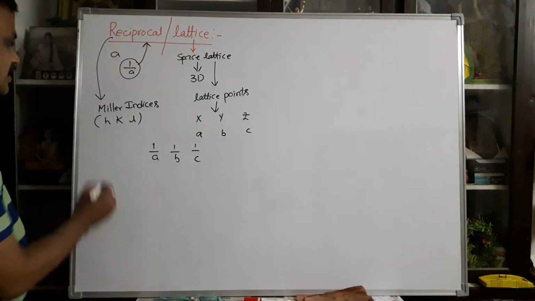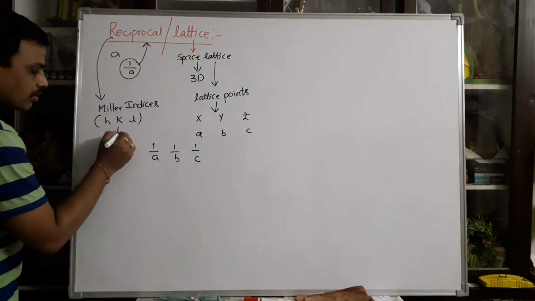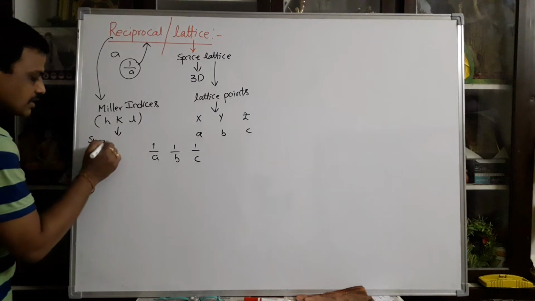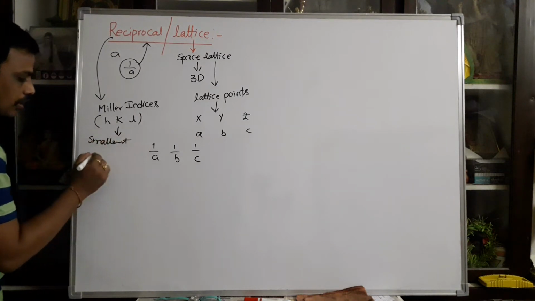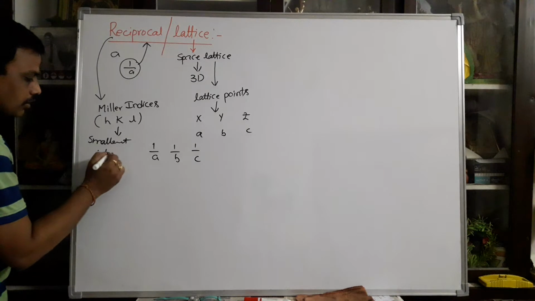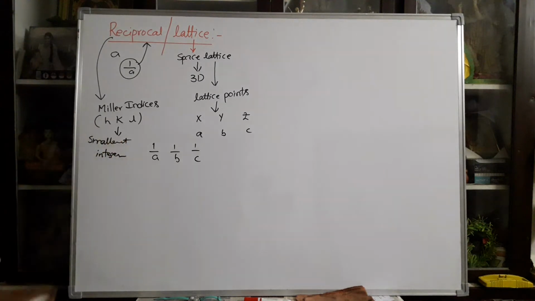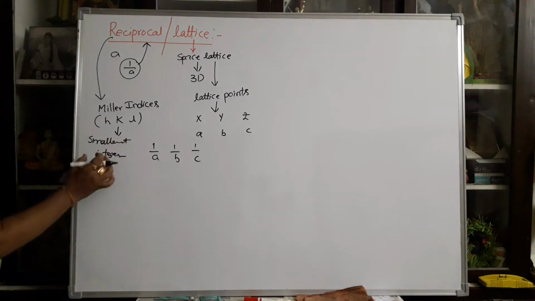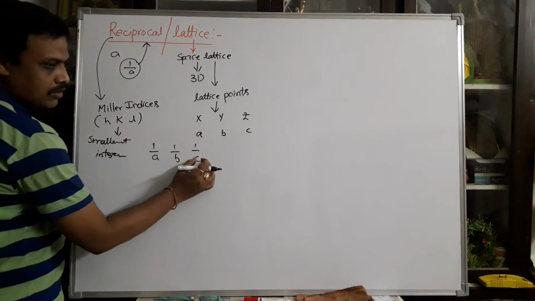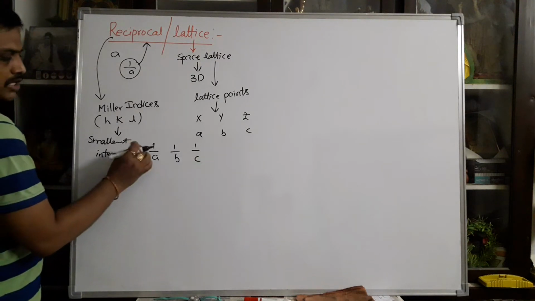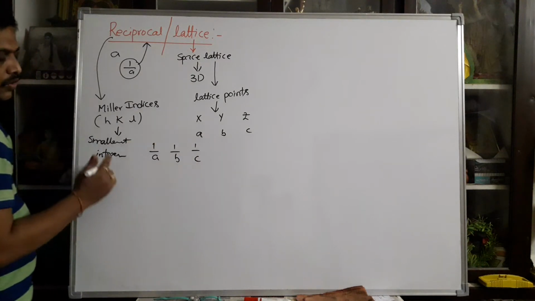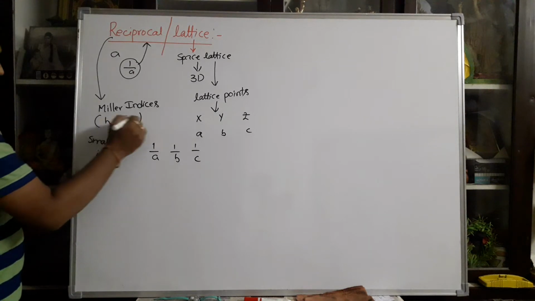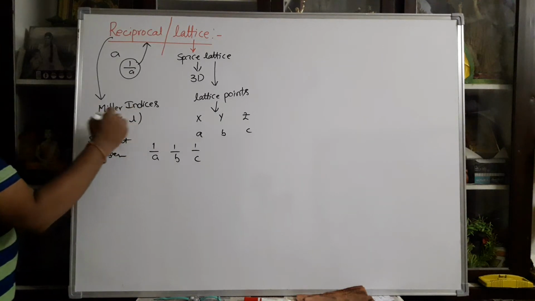But Miller indices H, K, L are the smallest integers. How are the smallest integers calculated? You take the LCM of the denominator values. The LCM is multiplied with each reciprocal, and you get the smallest integers. The smallest integers are represented in curved brackets.